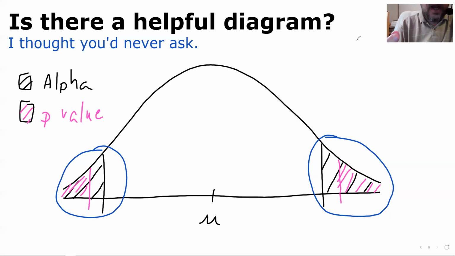And the way we measure how extreme a sample is, right, is by the pink area, is by how big our p-value is. And the smaller the p-value, the more we want to reject the null hypothesis. And if the p-value fits inside the alpha area, then we want to reject the null hypothesis.